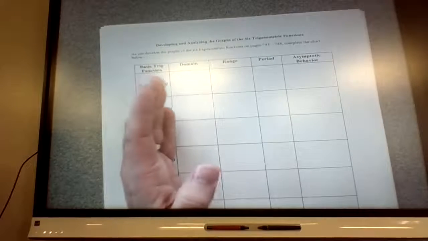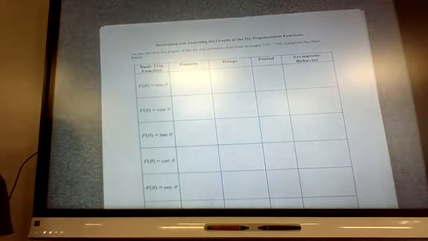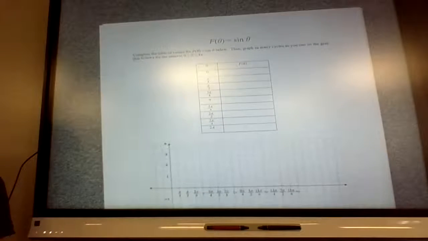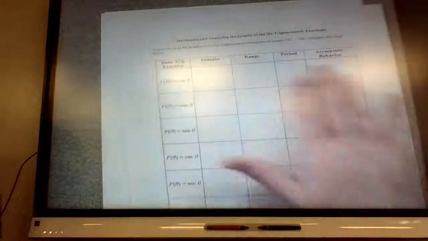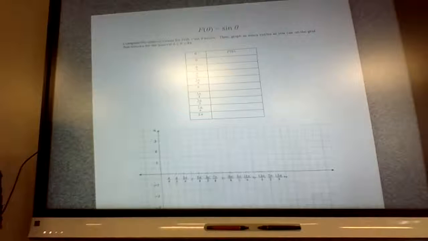It's first, but it's last. But we're going to start here, and what you have to do is graph all these things. And after you graph them, you come back and you do this. So I guess you could do sine and then sine, and then cosine and then cosine. I don't really care how you do it, but you have to do the graphs first. You can't answer the questions without doing the graphs.